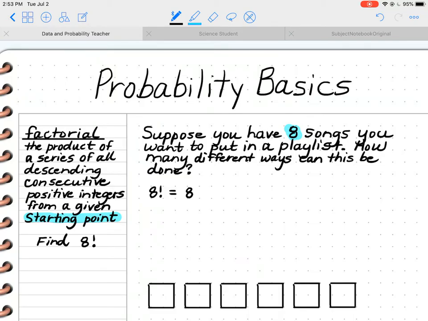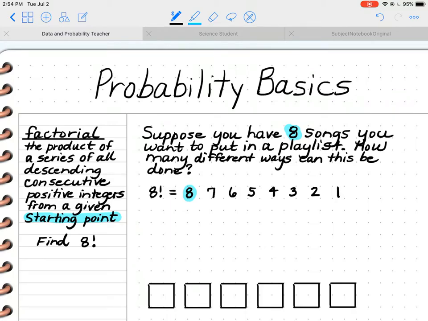So from 8, you would go to 7, 6, 5, 4, 3, 2, 1. And you can't go any lower. These are positive integers, not 0. 0's not positive or negative. So all we can do is start at the starting point, which they'll give you, and then go down from there until you get to 1.